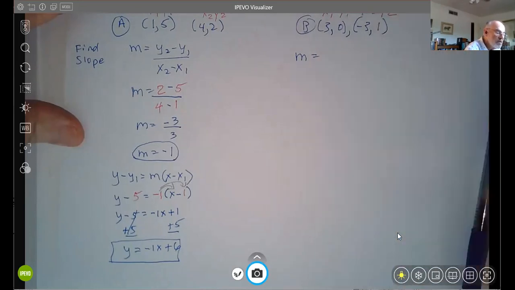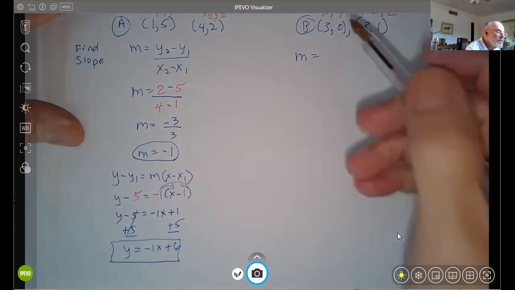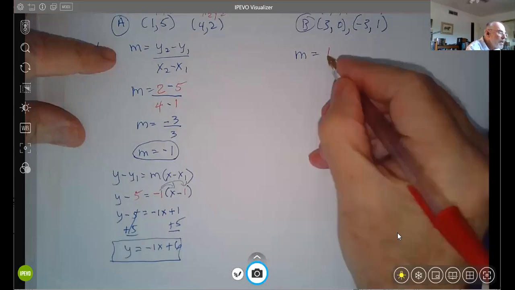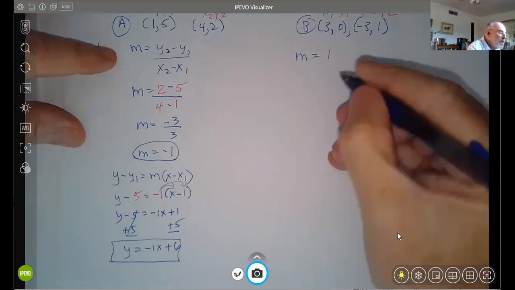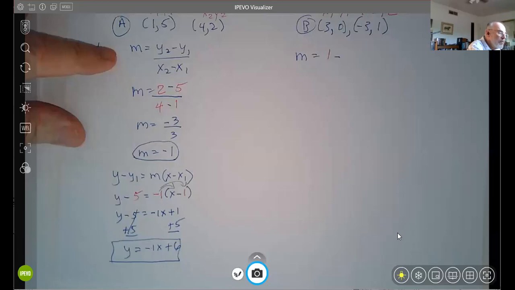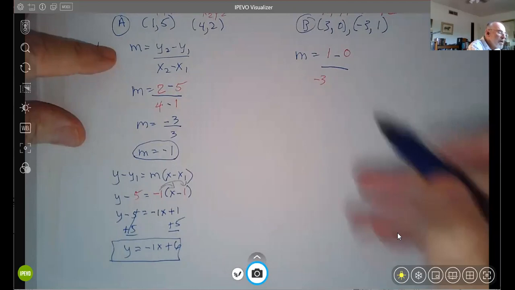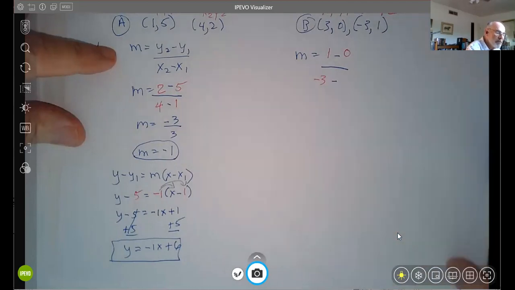All right, so y2 is 1, so we've got 1 minus y1, which is 0, over x2, which is negative 3, minus our x1, which is 3.